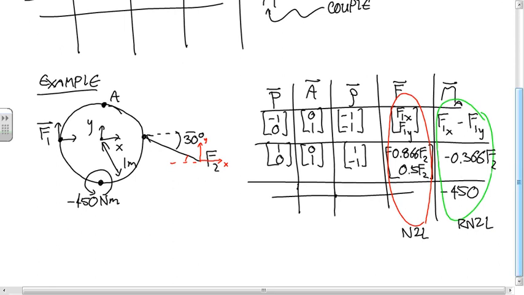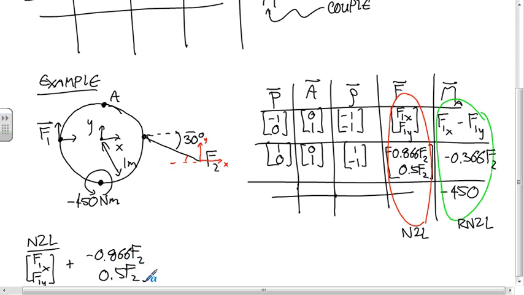And so Newton's second law then would be F1x, F1y plus negative 0.866 F2, 0.5 F2 is equal to 0, 0.